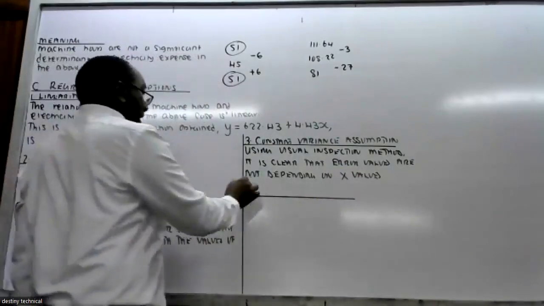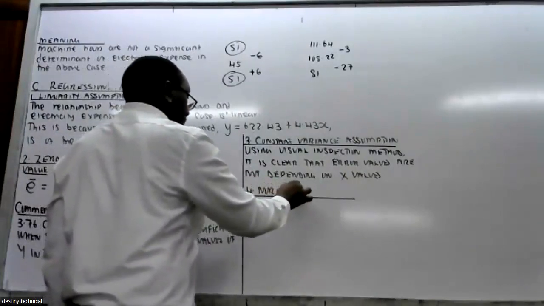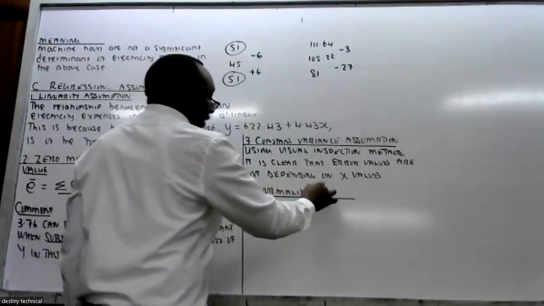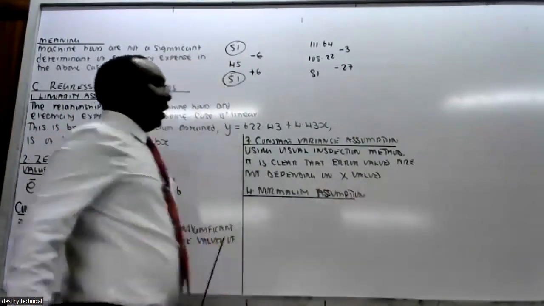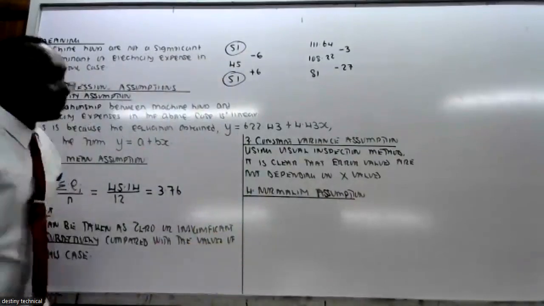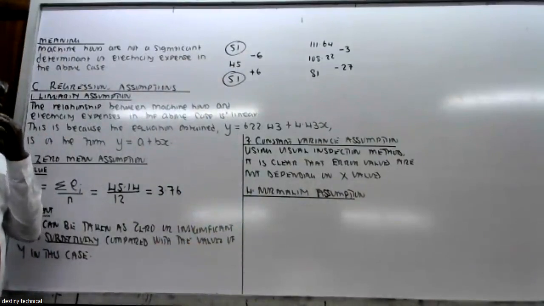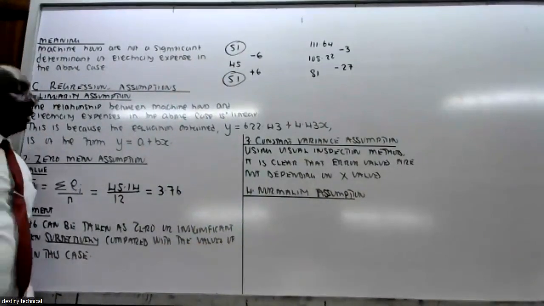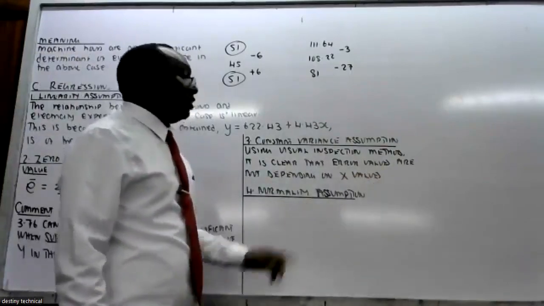So the fourth test is called normality assumption. Maybe I needed to have added something here so that I'm able to connect to this one.